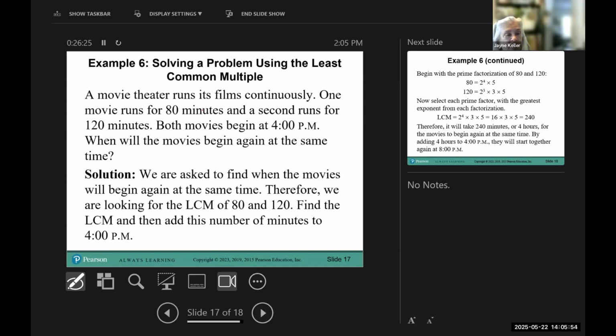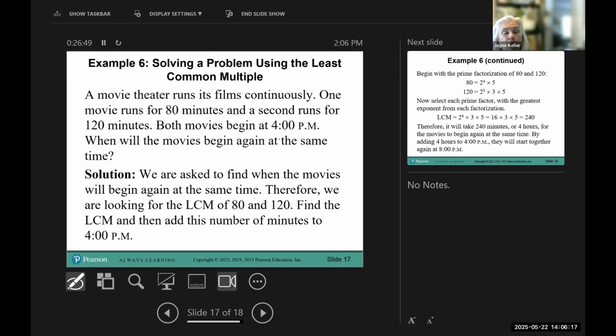All right, let's look at an application problem. We have a movie theater with 2 movies running. One movie runs for 80 minutes and the other runs for 120 minutes, and both start at 4 p.m. We want to know when they will begin again at the same time.